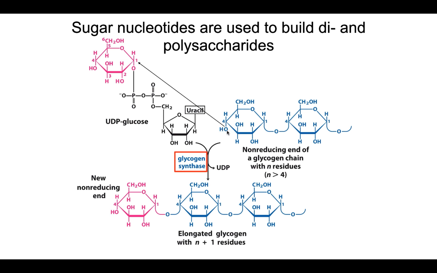The hydroxyl group of carbon 4 is going to attack the anomeric carbon of the activated sugar, and this whole UDP is going to be our leaving group and our byproduct. Then, using the enzyme glycogen synthase, we now have an added molecule of glucose to the glycogen.